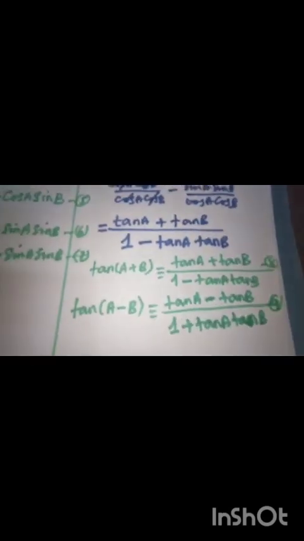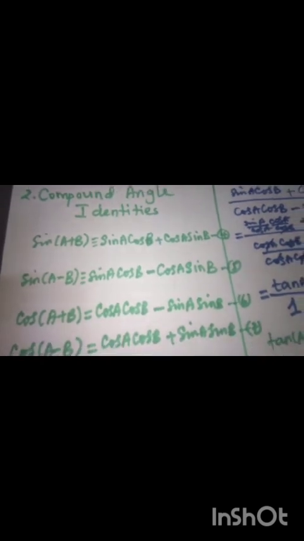Having looked at this, we'll look at double angle identities. To obtain the double angle identities, we just use these compound angle identities.